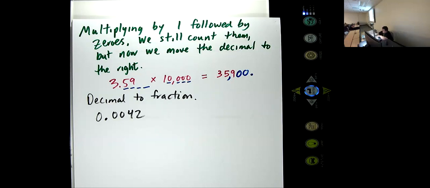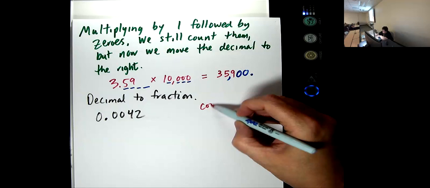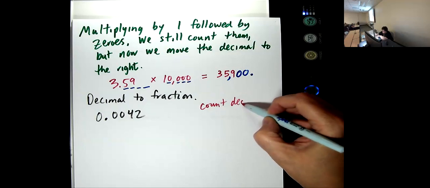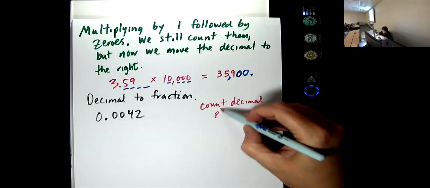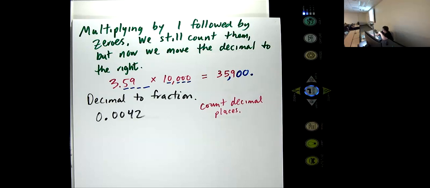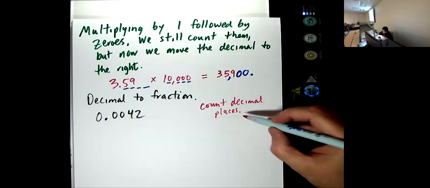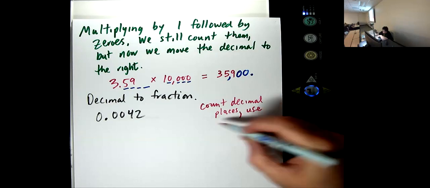Here we count the decimal places, and use that many zeros on bottom.